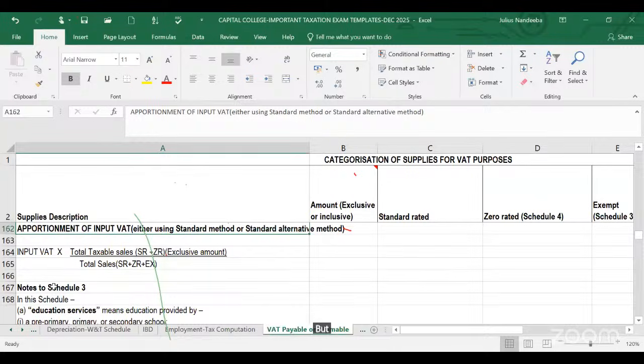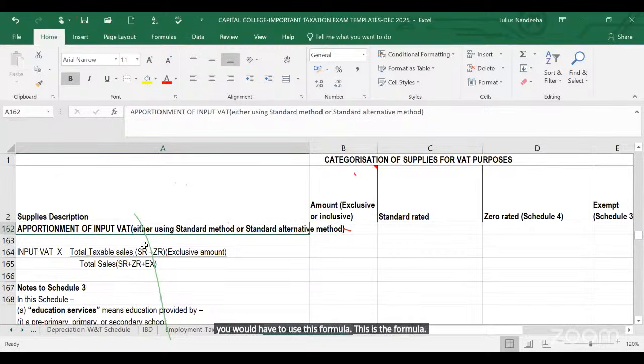But what if I am dealing in exempt and also taxable sales? So it means the input that I have must be apportioned so that I only take the input tax that is relevant to taxable sales. And for you to be able to do it in an exam situation, you would have to use this formula. This is the formula.